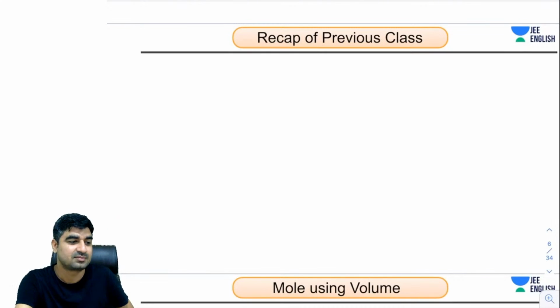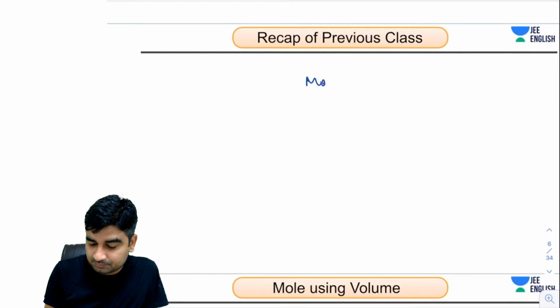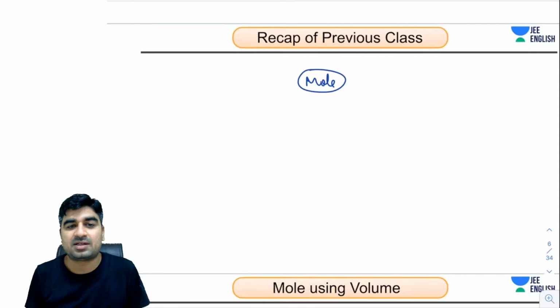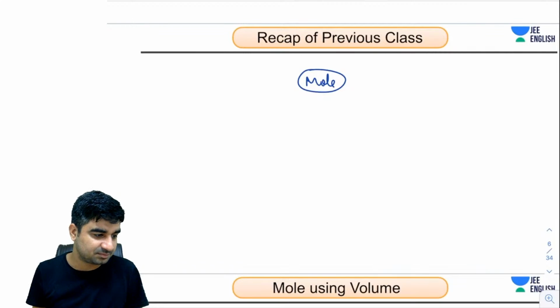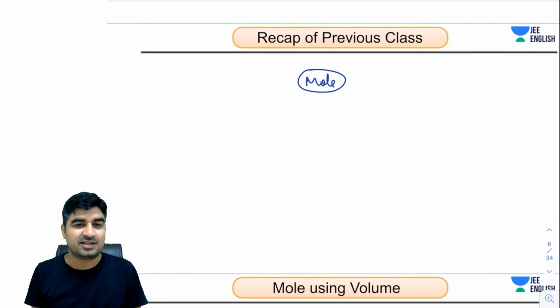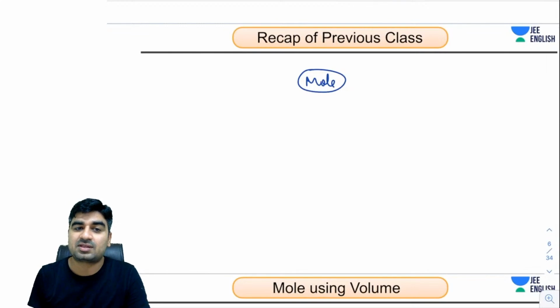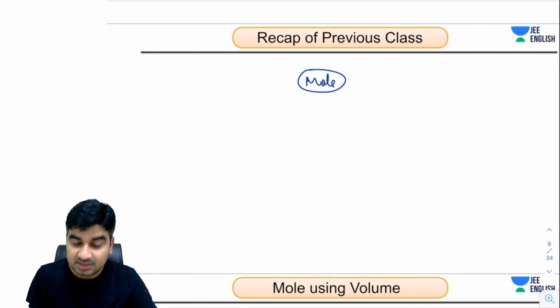So in the previous class I told you what is mole. Just like to measure mass we have the fundamental unit kg, to measure time we have the unit second, similarly when we say amount of substance, to measure the amount of substance we have a unit mole.